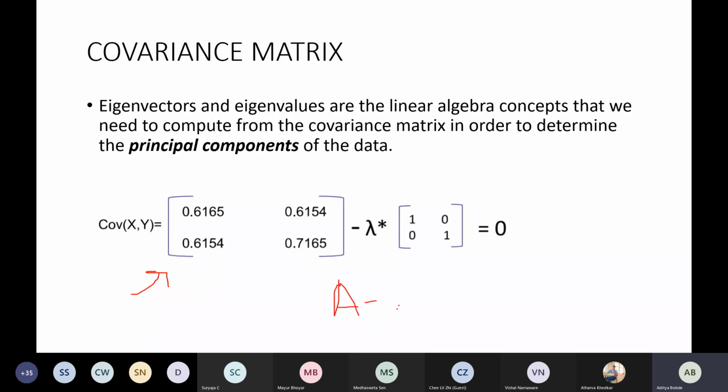It is called A minus lambda I equals 0, where I is your identity matrix and A is your covariance matrix. So eigenvectors and eigenvalues are the linear algebra concepts that we need to compute for the covariance matrix. Once we have calculated our covariance matrix, we are substituting here and calculating the eigenvalues and eigenvectors of all these.